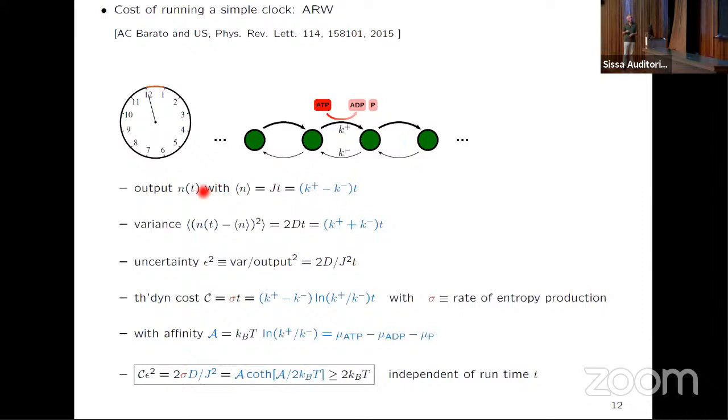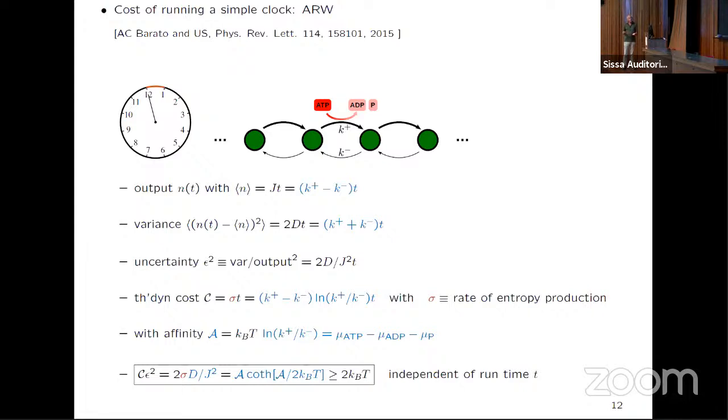And you know that after 1 minute, on average, this will have made 60 steps. But it comes with a variance, and this variance is given by the sum of the rates. So the uncertainty, the precision, is defined as the variance divided by the output squared, and that leads to this combination of diffusion coefficient and current J.